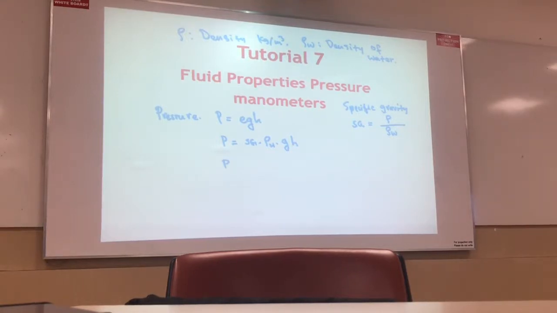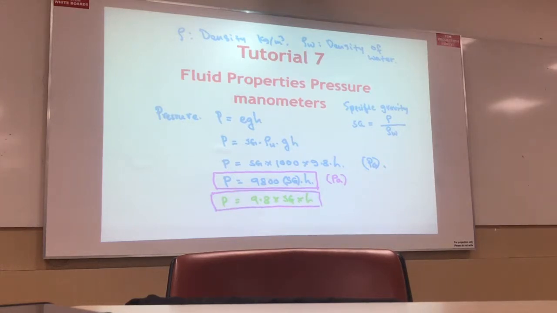Pressure P is given by specific gravity times 1000, G is 9.8, H. So unit is Pascal, or P becomes 9800 times specific gravity times H. This unit is Pascal, or you can use pressure 9.8 times specific gravity times H. This unit is kilopascal.